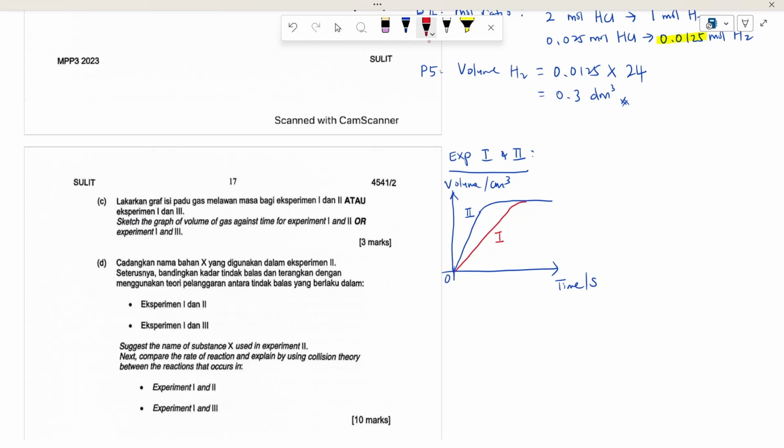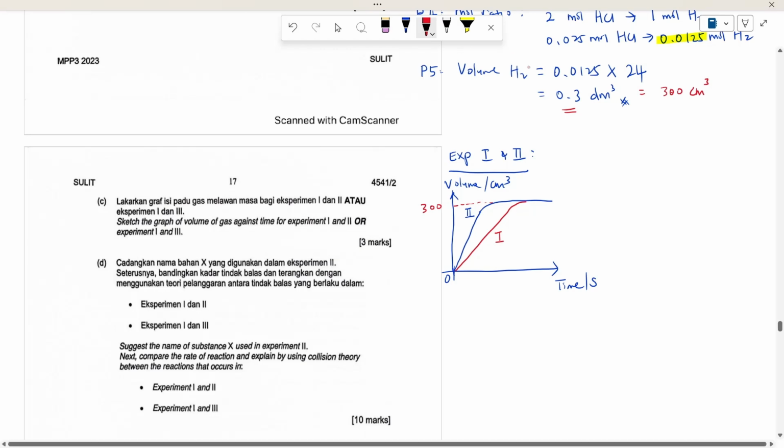Then we know the volume of the gas from the previous question will be 0.3, so actually times 1000 is 300 cubic centimeter. So meaning that here we should label it 300. So this is for experiment 1 and 2.